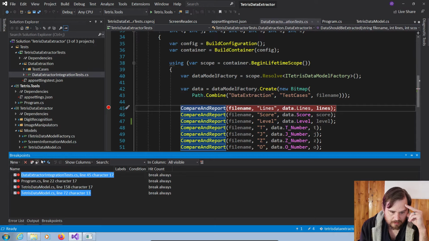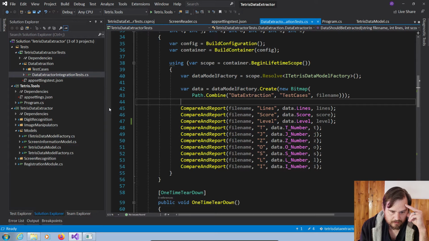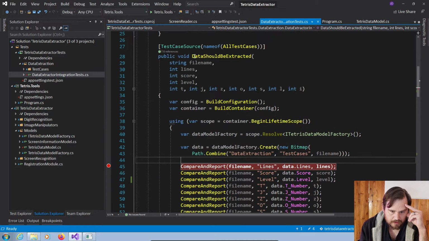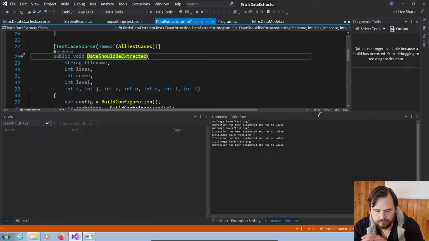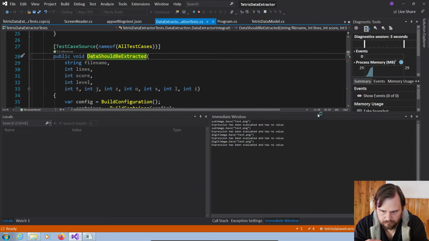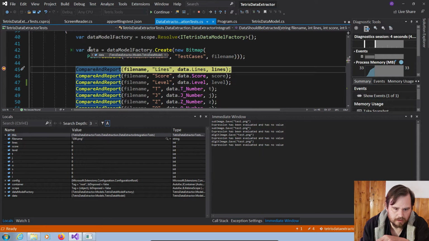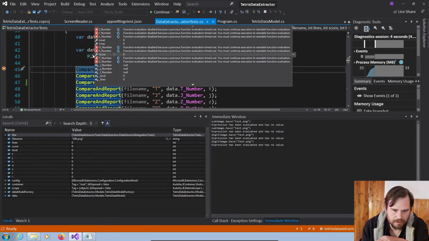Okay, let's take a look at all my breakpoints and remove them. That's what I want to do. Breakpoint here. Let's debug this one more time. Okay, and have a look at all my pieces of data. So I've got score, lines, level.